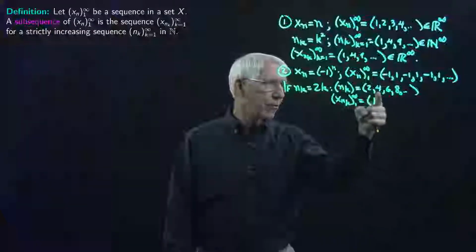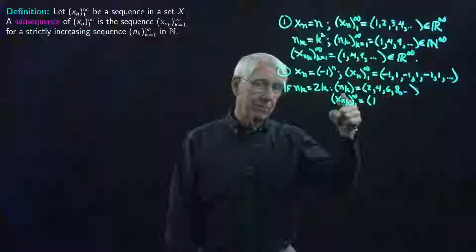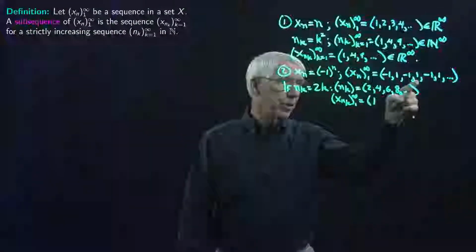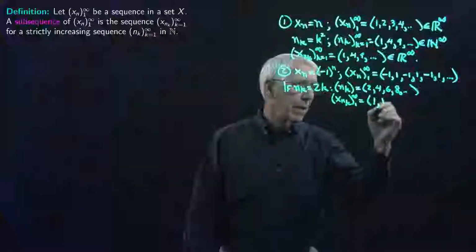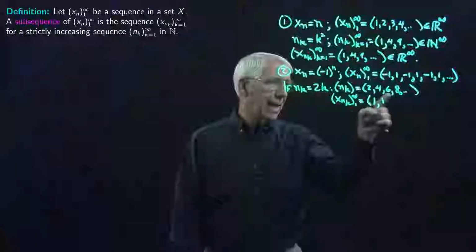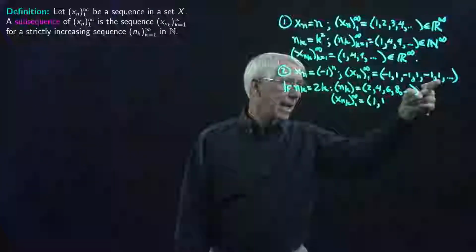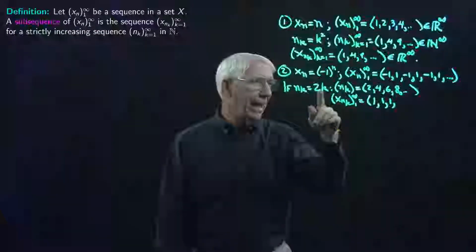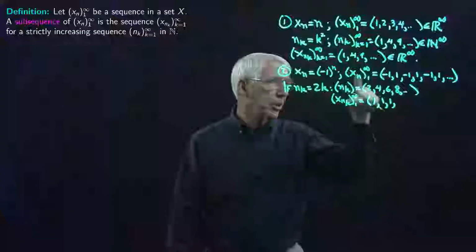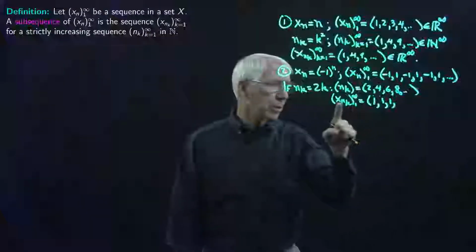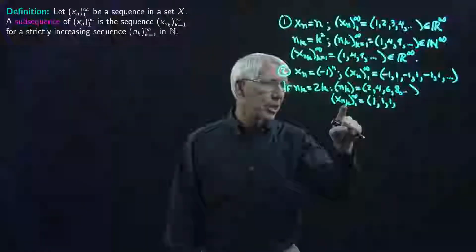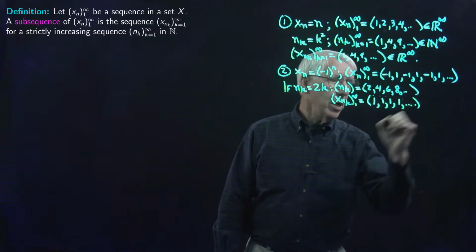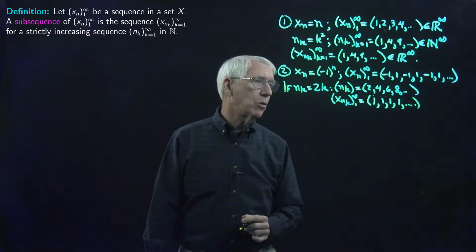When n sub k is 4, that's the next term of the n sub k sequence, the second term, which is the fourth term of the original sequence. Then the next term of the n sub k sequence is 6, and that's a 1. I'm only looking at the even numbered terms of the original sequence when I'm looking at x sub n sub k. So this is 1, and it just stays 1, so it's the constant sequence.